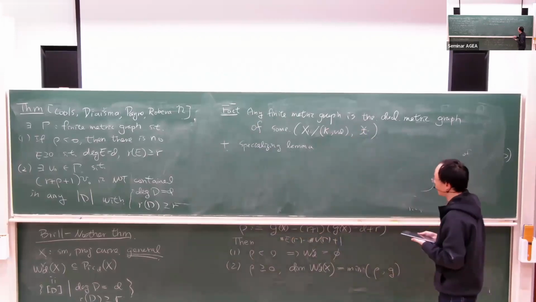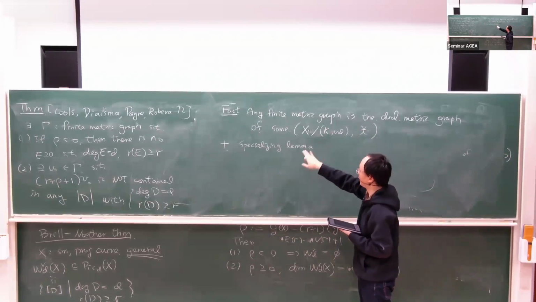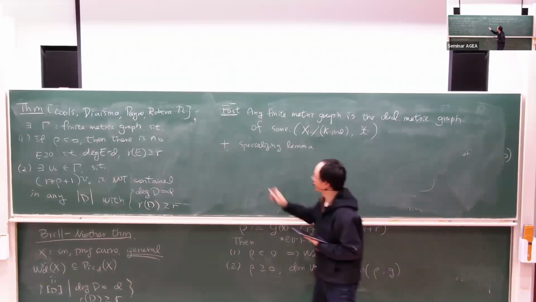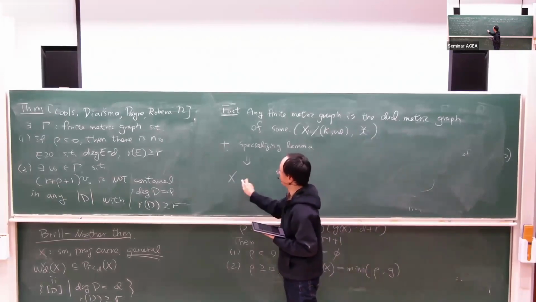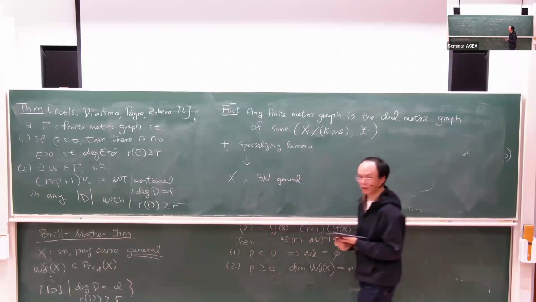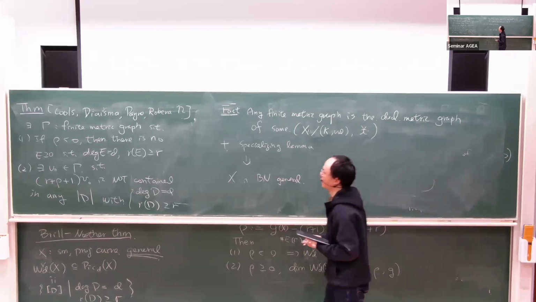So you choose this smooth projective curve over k, then you apply the specialization lemma, you can show that X is Brill-Noether general. So that's the very sketchy proof of what I did in the paper.